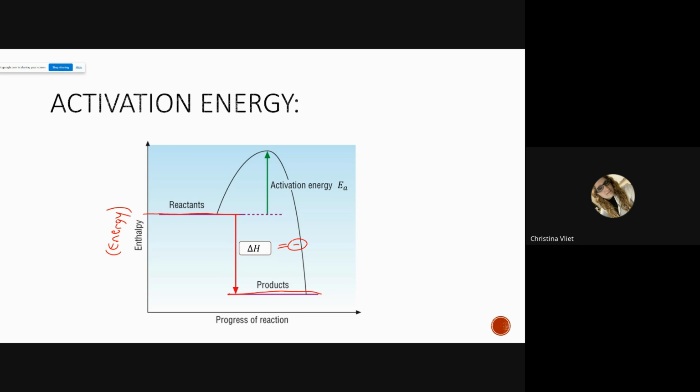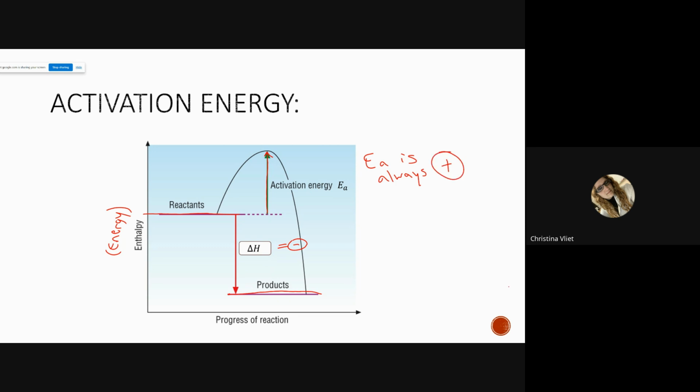But there is a missing part of that graph. For the reaction to take place, there actually has to be a deposit of energy. And so we call this the activation energy. The activation energy will always be positive. EA is always positive.